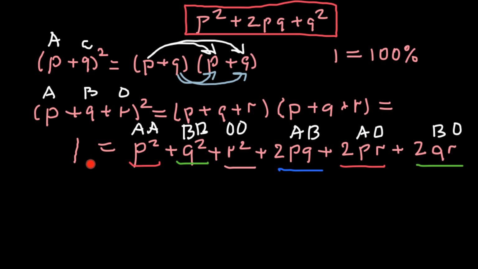Or usually in mathematical equations we use 1 to represent 100%. So all our calculations would be on the scale between 0 and 1, that also would be equal to 0 and 100%. Once again, we have to find the frequency of each genotype first in order to find the frequency of each allele. And we are given only phenotypes.